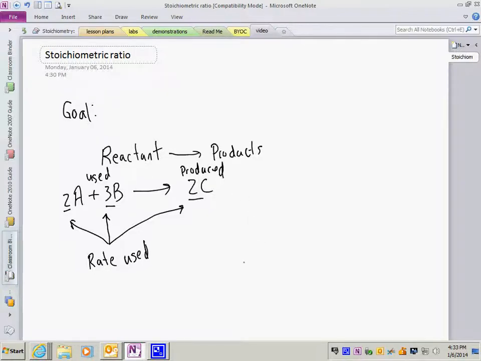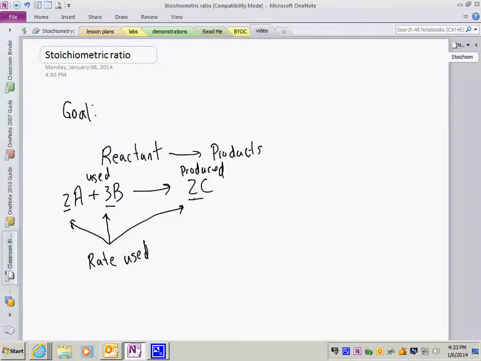This whole thing happens in concert, meaning that I cannot consume 3 B's without also consuming 2 A's. I cannot consume 3 B's without also producing 2 C's. Everything happens in concert. These coefficients are often referred to as a stoichiometric ratio between each other, a 2 to 3 to 2 ratio.